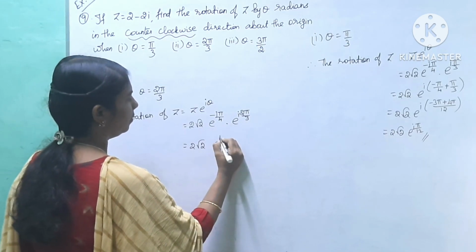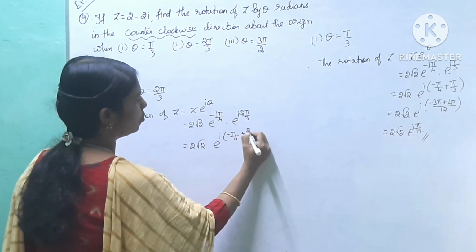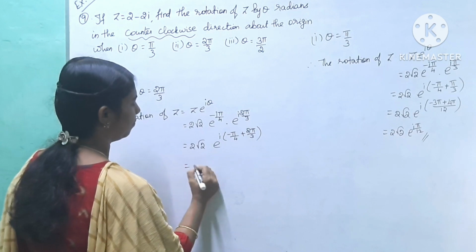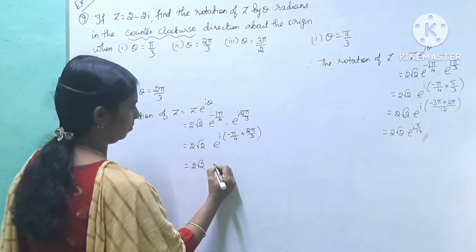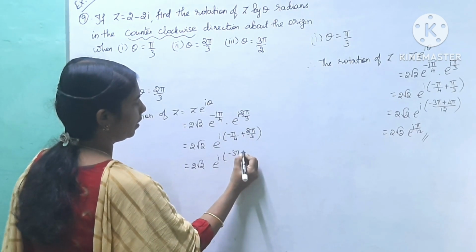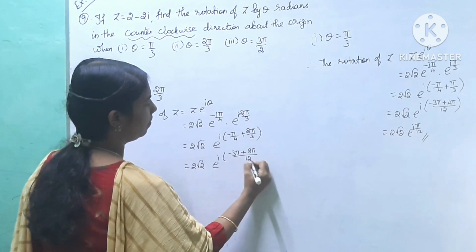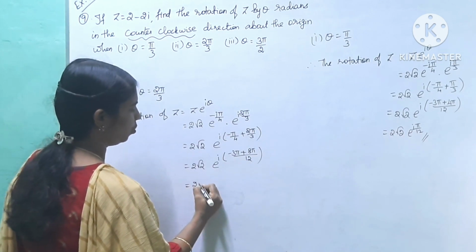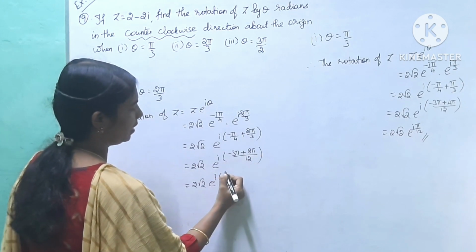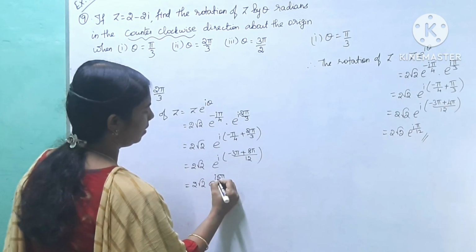Powers we can add. So i into minus pi by 4 plus 2 pi by 3, by cross multiplying, we get minus 3 pi. Here 2 into 4 is 8 pi, divided by 12. It is 2 root 2 e power i times 8 pi minus 3 pi, which is 5 pi by 12.